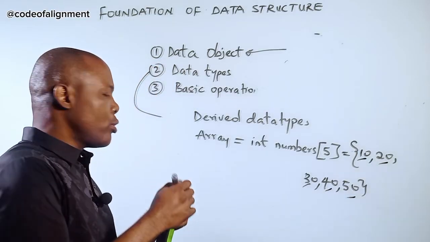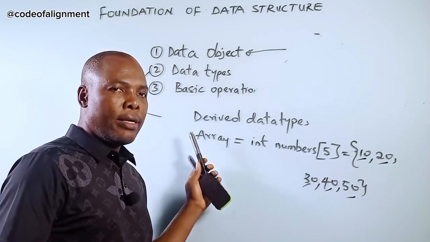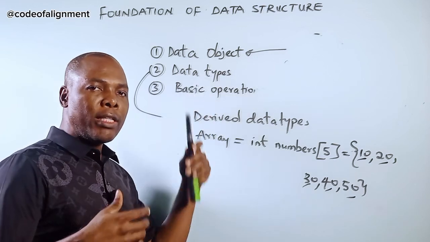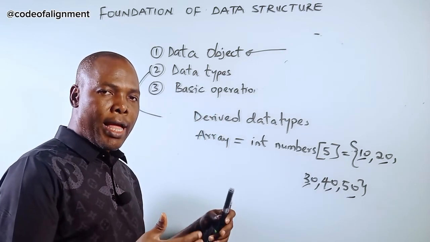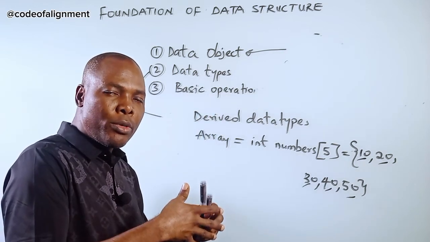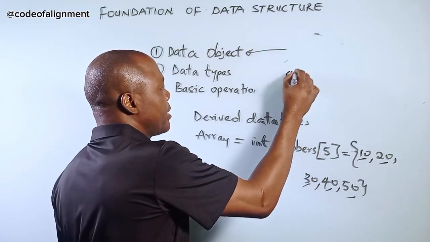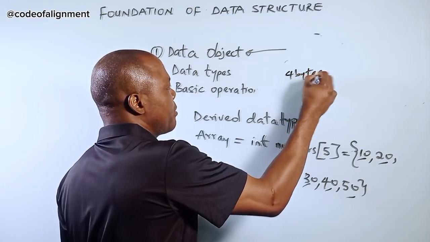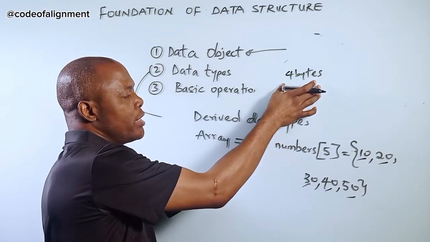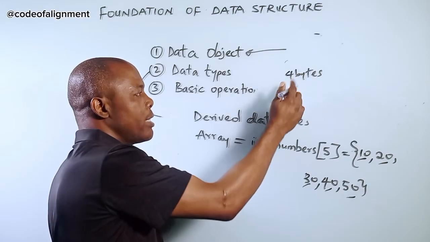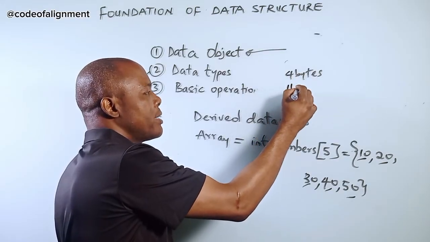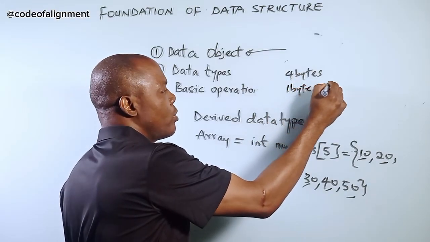Now, I told you that data type, which is this, is actually what? The nature of the data. And it helps to tell us the memory size that should be allocated to each data. So for integer, it's 4 bytes. Right? I explained that in the last class. And 1 byte equals to what? 8 bits.